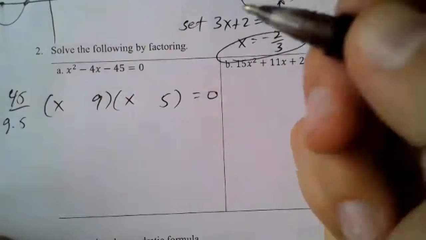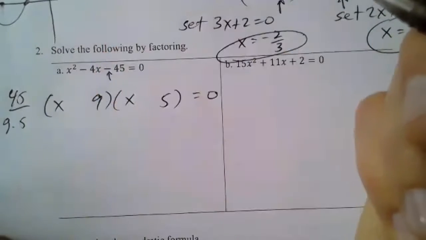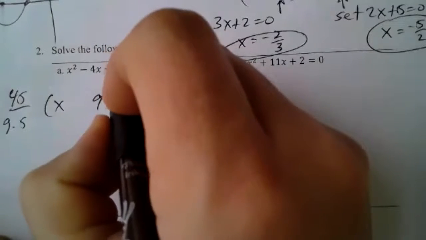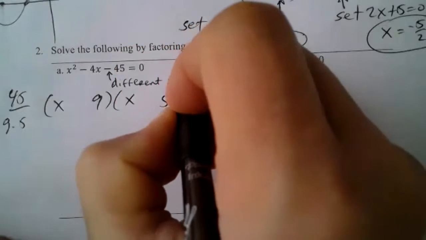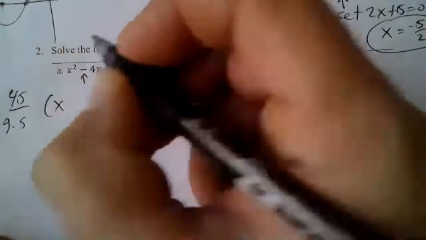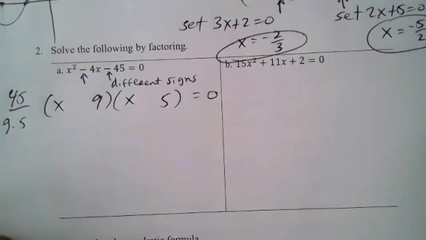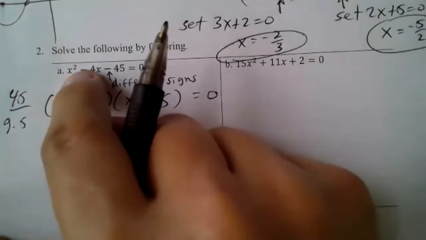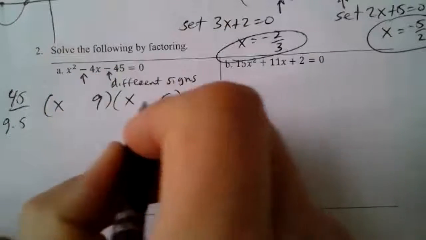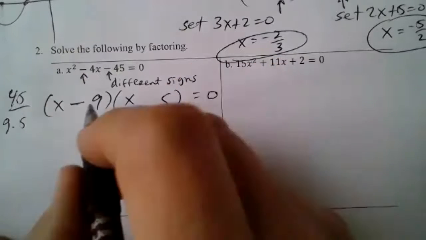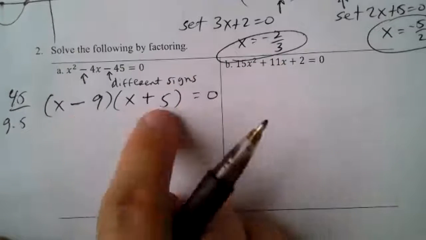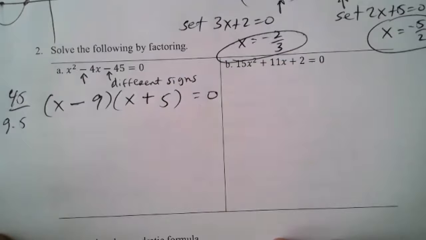now let's go over this step. Okay, so if this symbol right here is negative, that means the signs are going to be different. And this symbol right here tells me that the largest number gets a minus sign, okay? So between 9 and 5, the largest number is 9, right? And then there are different signs, so there it is, it's factored now.